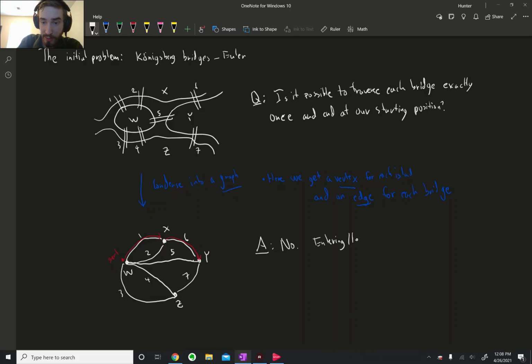So entering and leaving a vertex consumes 2 edges.